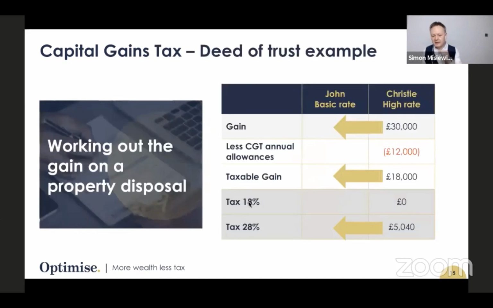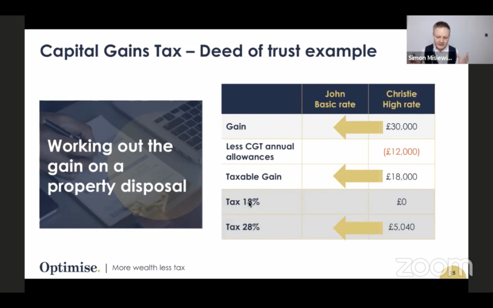Okay, so now I've covered that in great detail. What can happen is, let's imagine that Christy had a gain of £30,000. We know she had the CGT annual allowance, so she's got a taxable gain of £18,000 and a tax bill of £5,040. Now, what we could do is say, well, Christy is going to give up her property ownership in full and give that over to John.